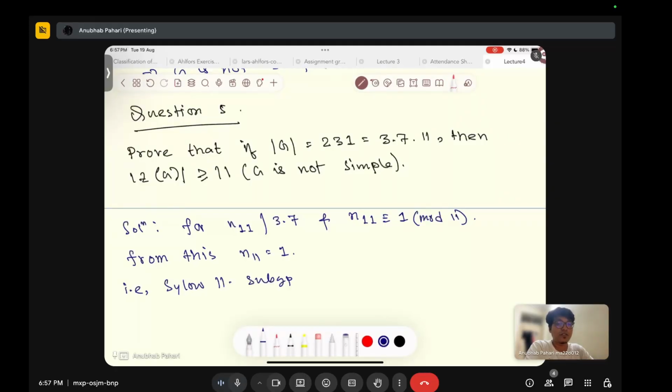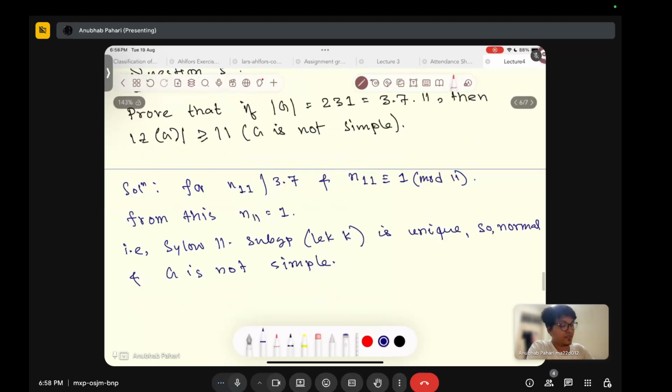That is the Sylow 11 subgroup. Let K be unique, so normal, and G is not simple.